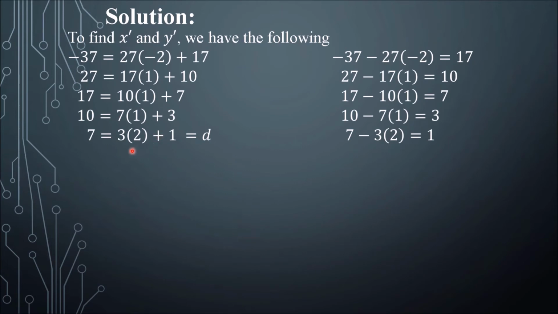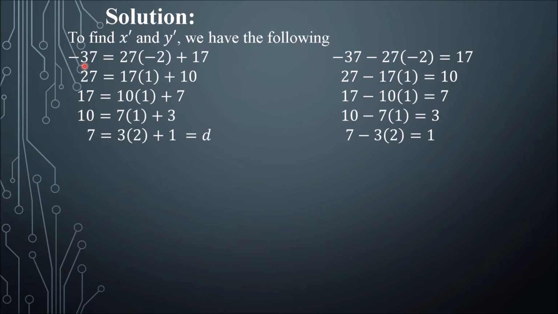Now, to find x prime and y prime, we need to do the Euclidean algorithm. In this case, negative 37 here is the b, and a is 27.